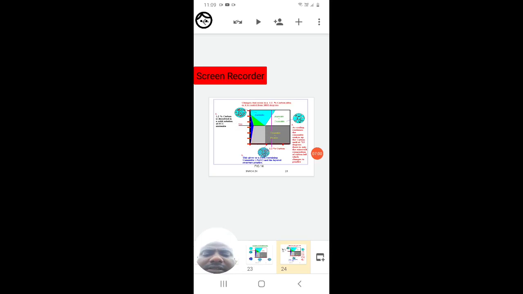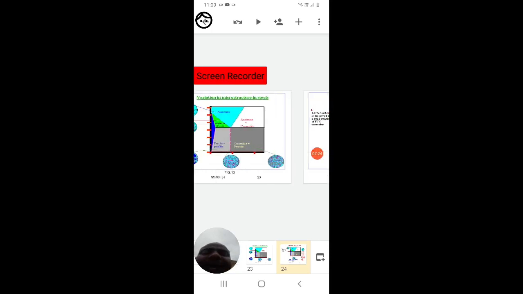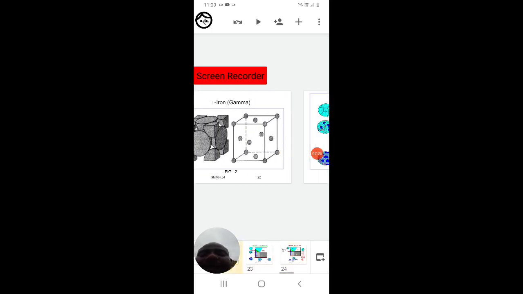You will see all of these in the iron carbon equilibrium diagram. By studying the iron carbon equilibrium diagram, you will easily understand the structures and microstructures, how the compositions vary and why these microstructures vary.